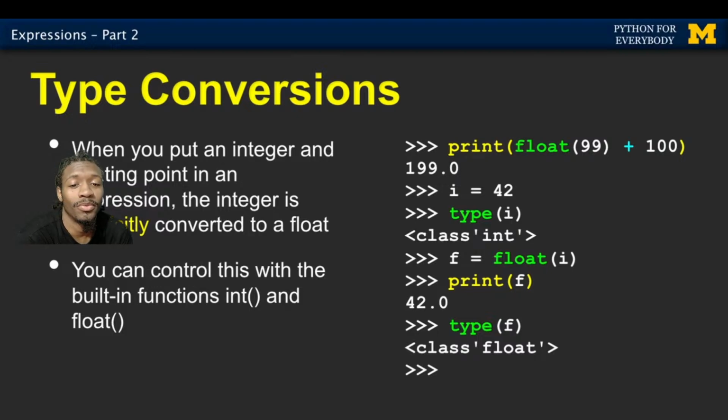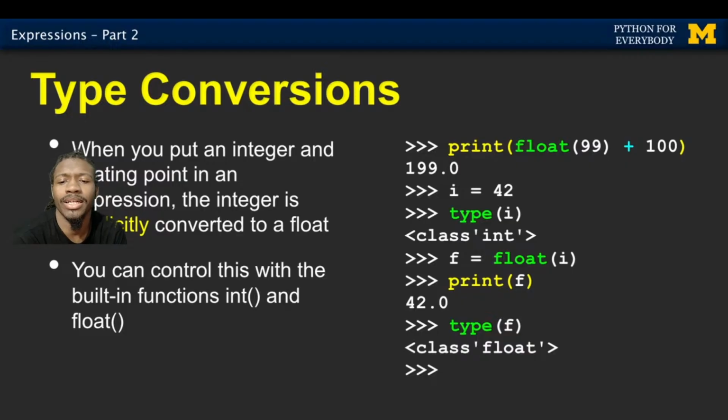So, print float 99 plus 100. I don't know why it's like print float integer plus integer, but okay.